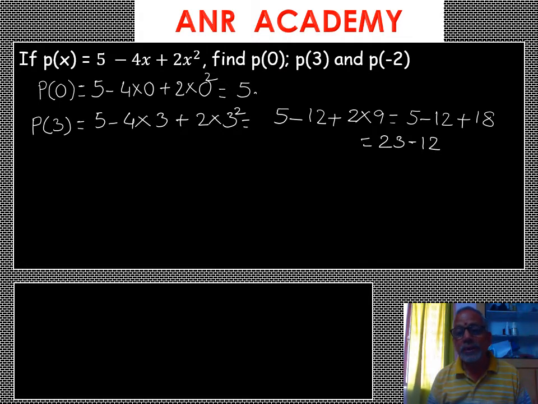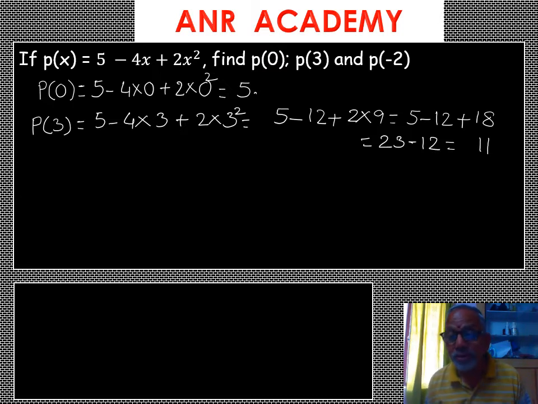So out of 23 and 12, what is the bigger number? 23 is bigger, 12 smaller. So you have to subtract 12 from 23. So 23 minus 12 will be 11. Next, you should give the sign of the bigger number. What is the sign of the bigger number? 23 is plus. So 23 minus 12 is equal to 11.